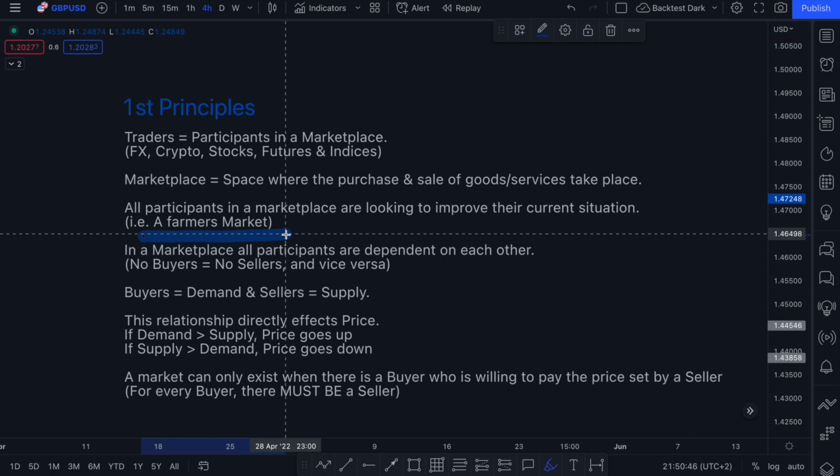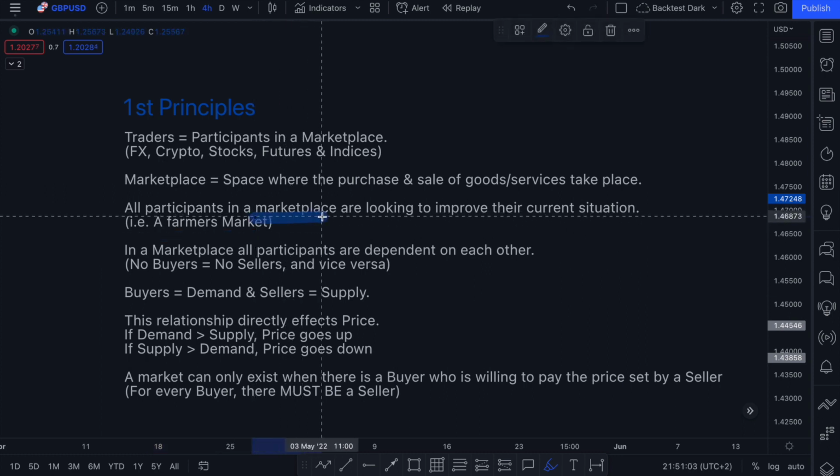The farmer is looking to improve his current situation by turning a profit from selling his produce, and you and I are looking to improve our situation by obtaining food to feed ourselves and our families. So you can see that a marketplace is a mutually beneficial space.